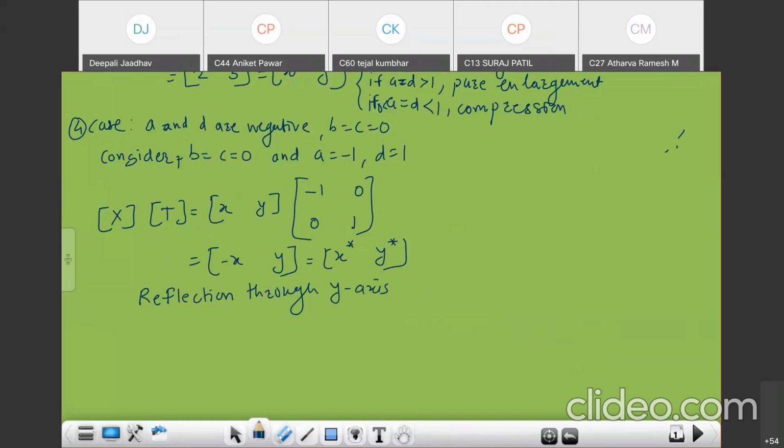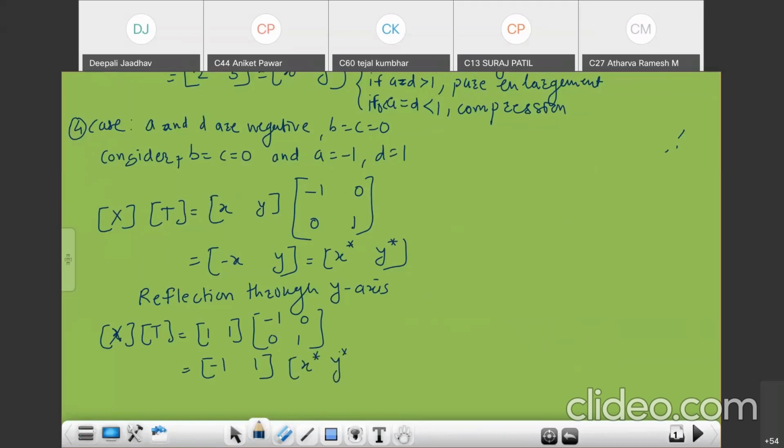Suppose X is multiplied by the matrix -1, 0, 0, 1 with the point 1, 1. What is the result here? X is equal to -X and Y is equal to Y as it is. So that is our new coordinates X star and Y star.